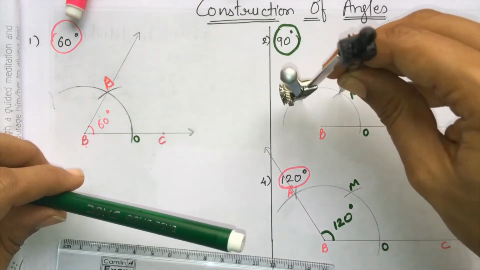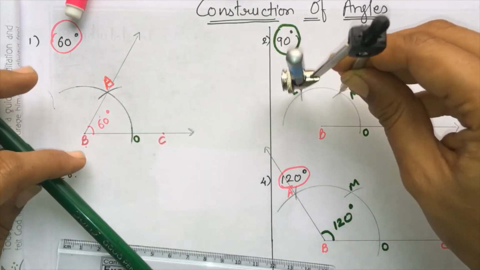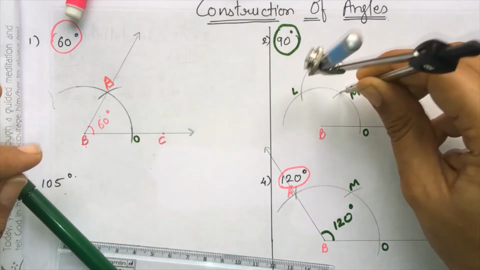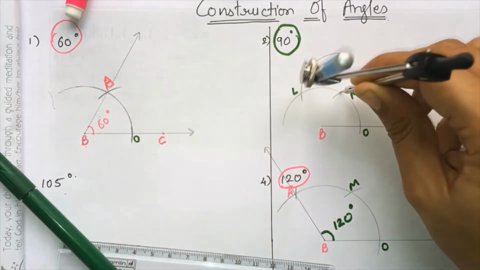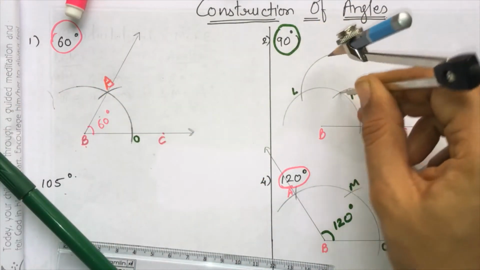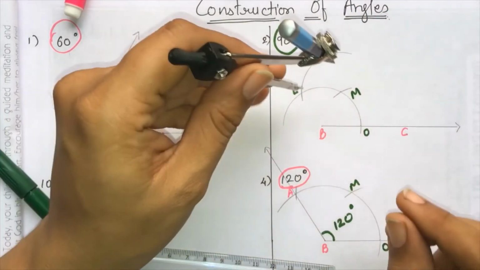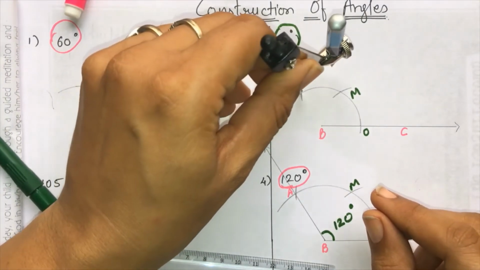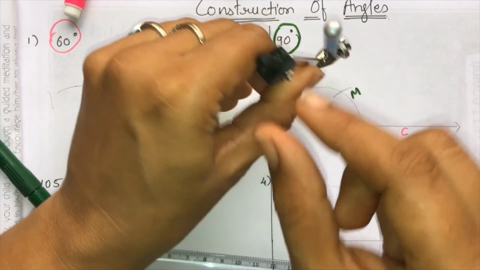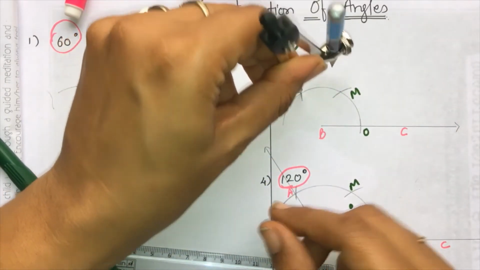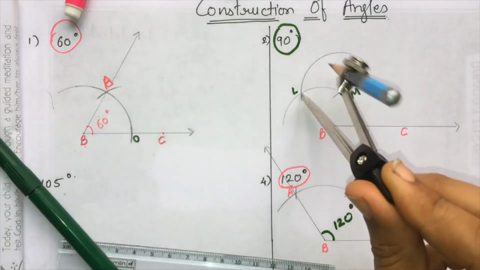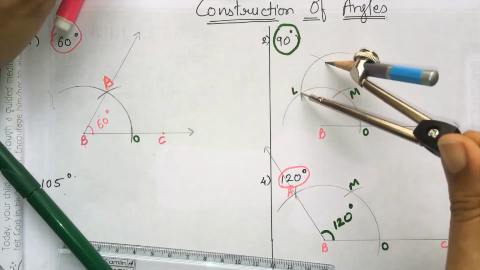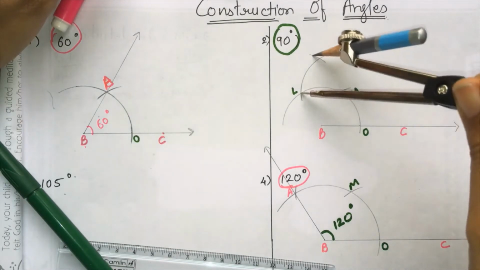Now this arc we have put already. We are going to extend this arc like this. The first, second and this third arc we are going to extend, right? And now taking L as center, this new point of intersection L will be our center now, and we are going to draw an arc which will cut the previous one somewhere, okay.